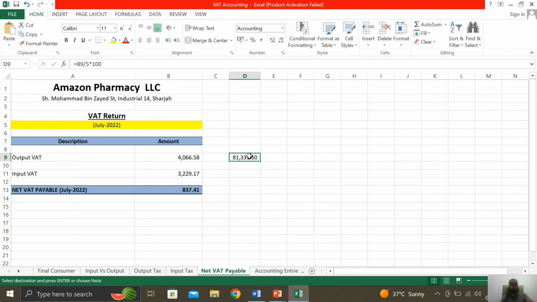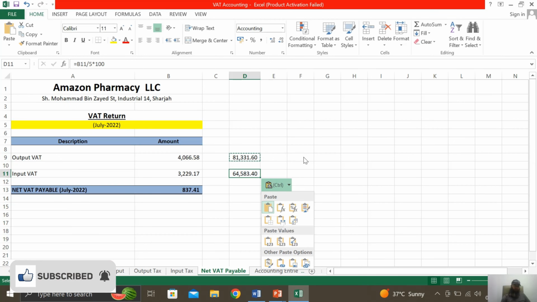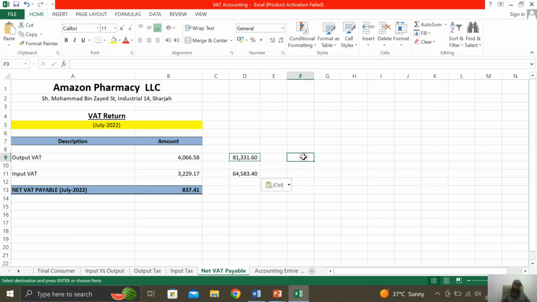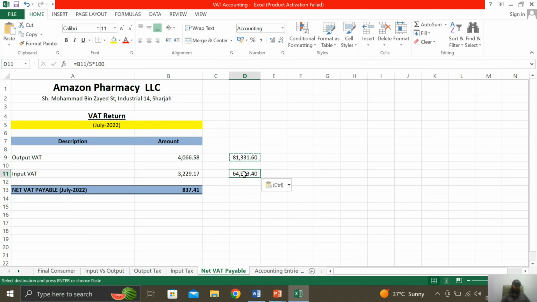Secondly, the same formula you will copy here to get the value of the purchases and expenses, because here in the UAE, when you are filing your VAT return, you have to mention how much you sold and how much VAT you collected on those sales, and also how much you purchased as expenses and how much VAT you paid on those purchase expenses. So this figure you need to calculate.